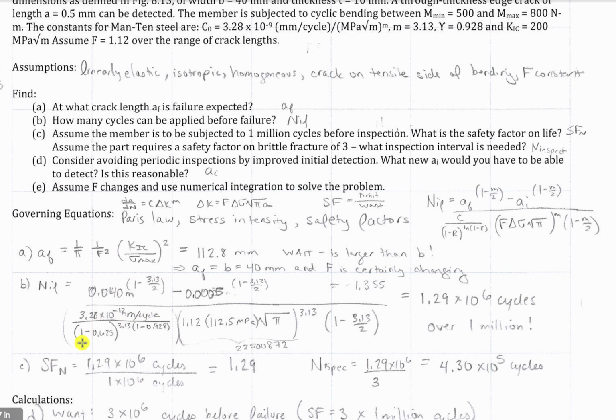Then that is over 1 minus R, so you plug in 0.625 for R, and that is raised to the m times 1 minus gamma. And up here, gamma is given as 0.928. A lot of times I'll actually pull this out and calculate this separately as one single value so that, if you're comparing with friends on where you might have gone wrong, there's a lot of potential for calculator error in this.